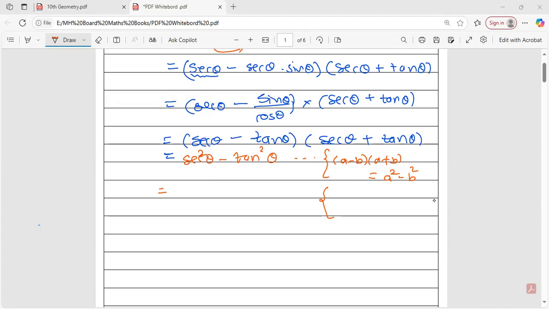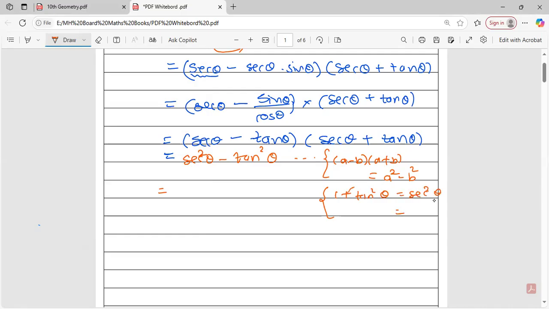First identity is sin square theta plus cos square theta is equal to 1. Second identity is 1 plus tan square theta is equal to sec square theta.